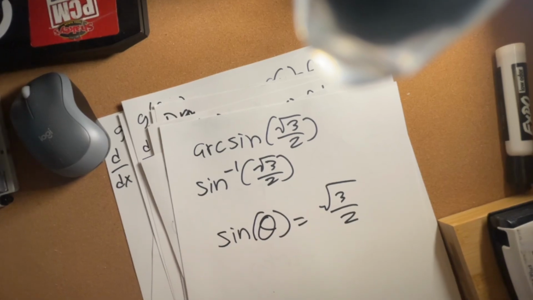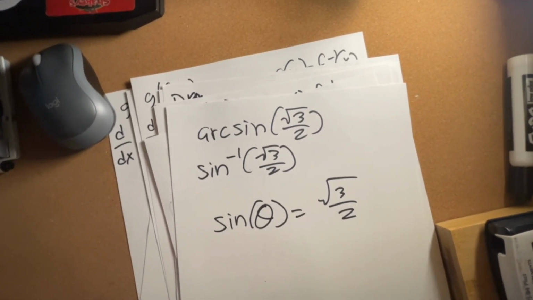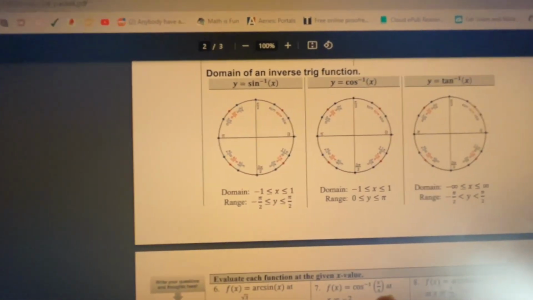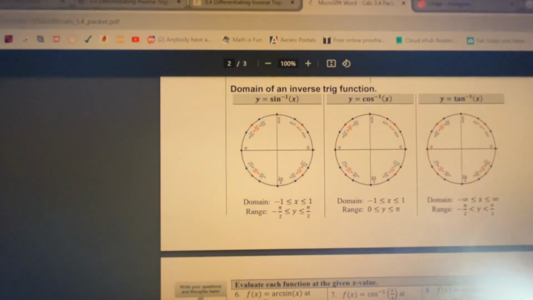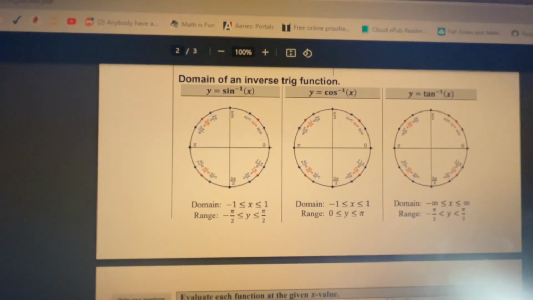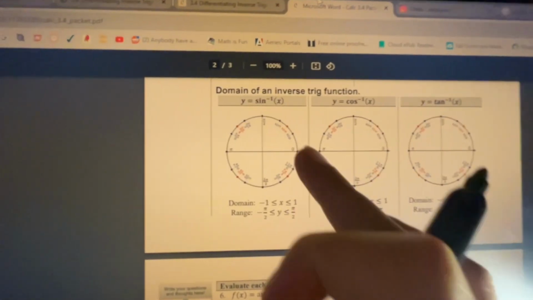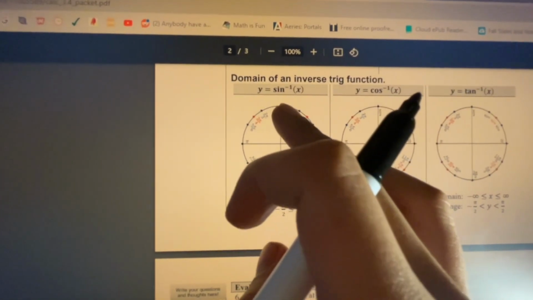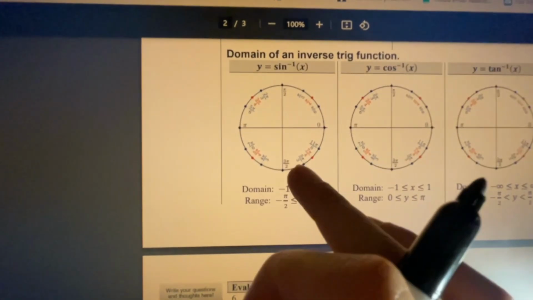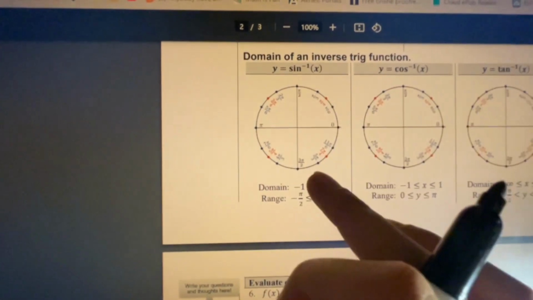What you have to remember is the unit circle. If you don't know the unit circle, look at other videos. This is not the one for you. When you're working on sine, you focus on this part of the circle.